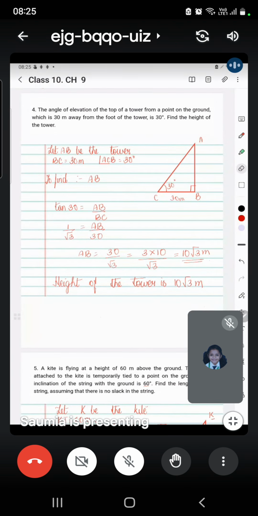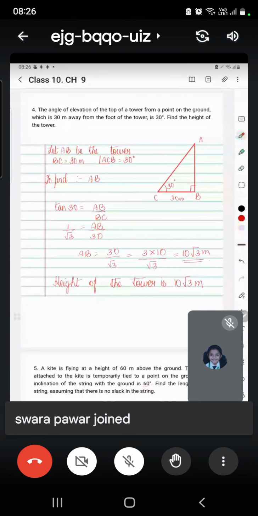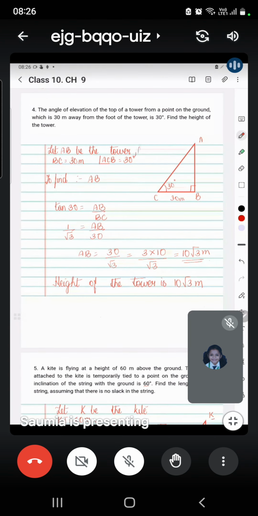See, here I have written, let AB be the tower. Here you should also write, let C be the point on the ground.